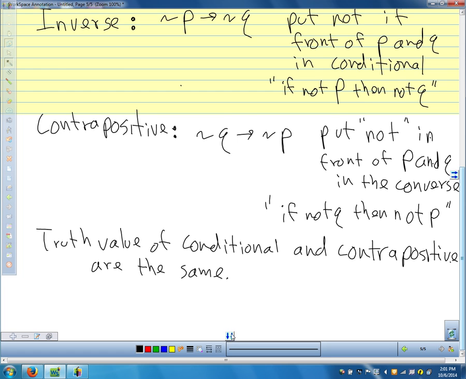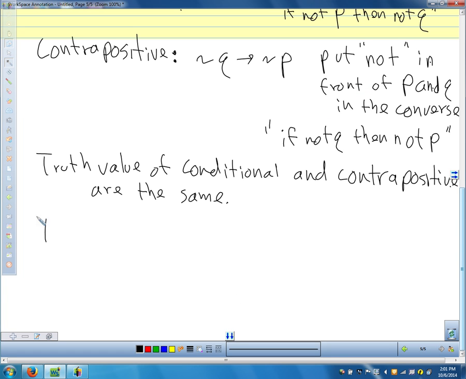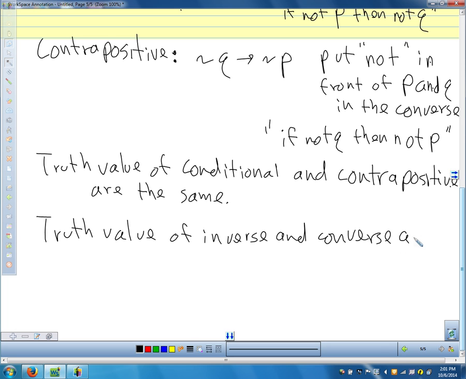And the truth value of the inverse and converse are the same. So if the inverse is true, then the converse is true, and vice versa. If the inverse is false, then the converse is false.